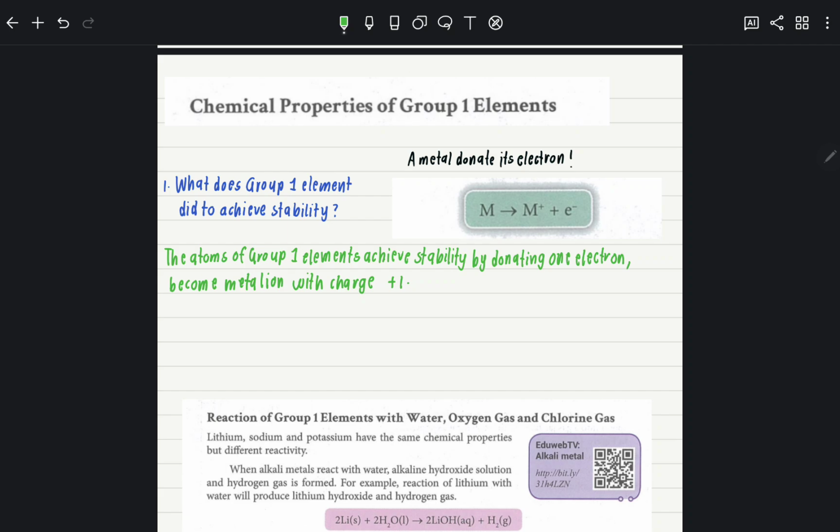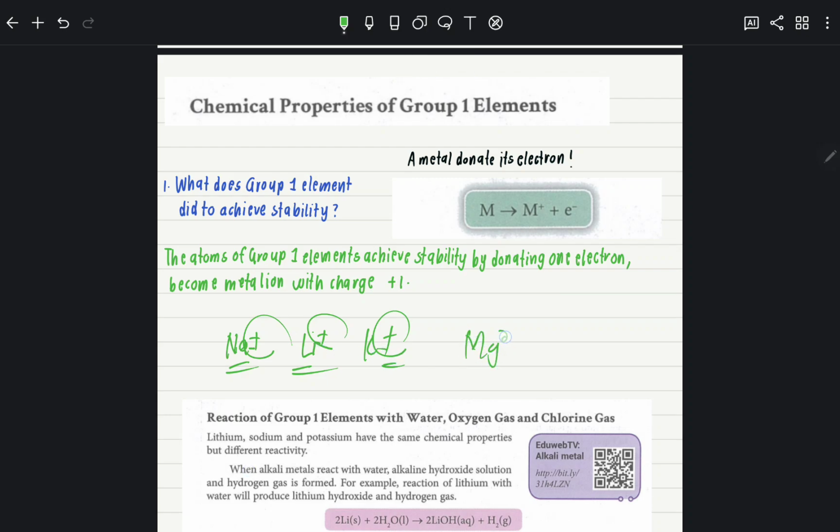So if you see sodium, a group 1 element, its ion formula is Na+. If Li, Li+. If potassium, K+. This is because the charge indicates the electron. If the charge is positive, then this element donates electrons. How many electrons? Just see the number in front of the charge. Here everything is 1, so this element donates 1 electron.